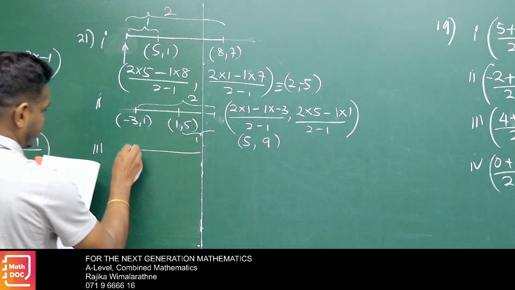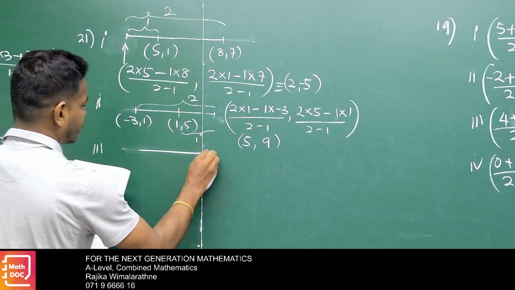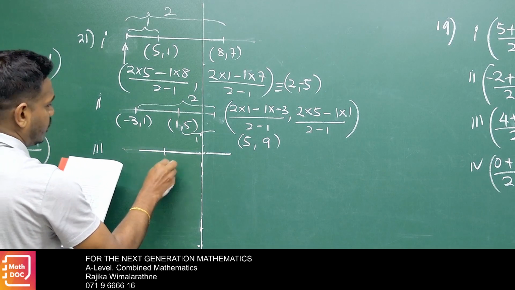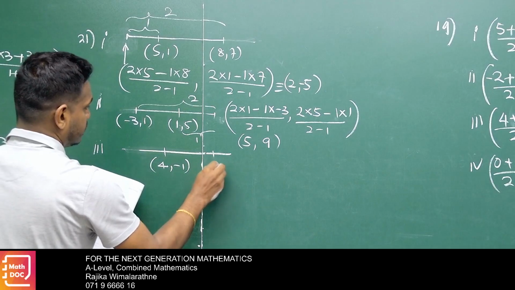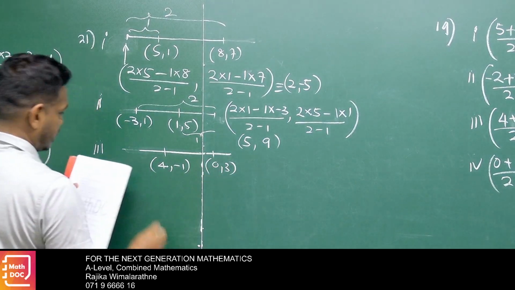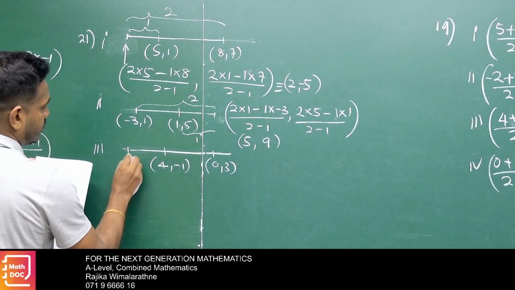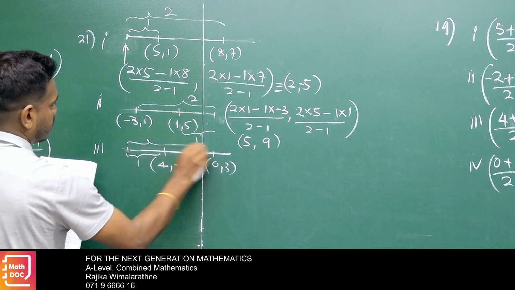Third, here (4, minus 1), (0, 3), ratio 1 to 3, then first coordinate, first ratio 1, here 1, here 3.